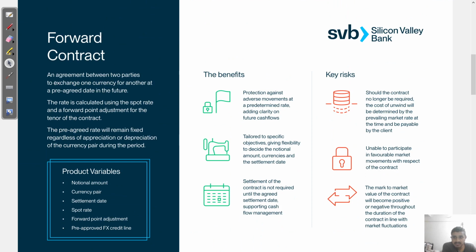So similarly, we have the same definition. You can read this if you want. We have a notional amount. Notional amount is the amount on which the forward contract is taken. It could be $500,000, $100,000, 1 million, 2 million, 3 million. That amount is going to be exchanged between the counterparties.